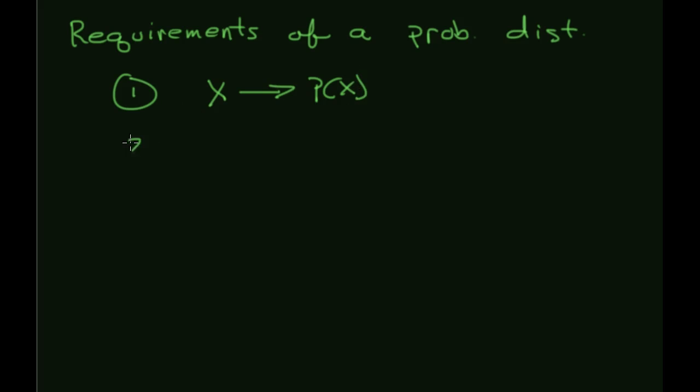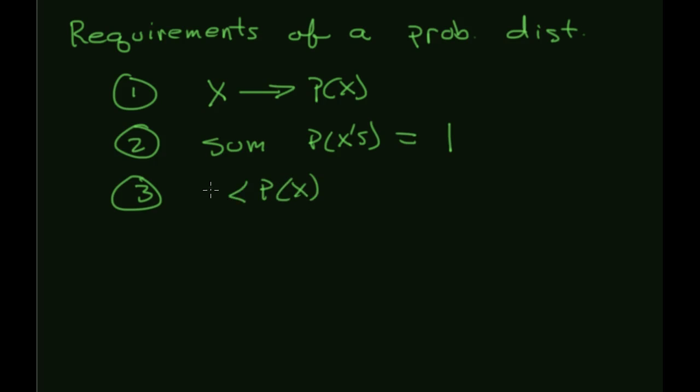So it has to have a way to do that. Number 2, if you add them all up, the sum of the probabilities of X has to equal 1. Okay, so the total sum of all the probabilities in the probability distribution has to be 1, and each probability of X has to be between 0 and 1 inclusive. Okay, so once I've met those requirements, I have a probability distribution.